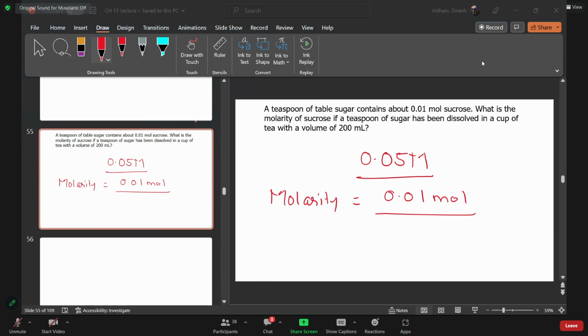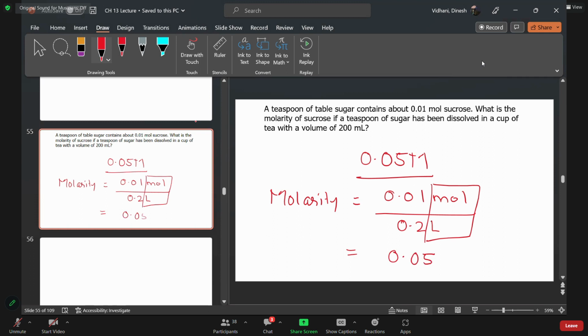So that's going to be 0.2 liters. Now, when you look at the units, you already got your answer in moles per liter. And that one will be 0.05 molar. All of us on the same page so far on this?